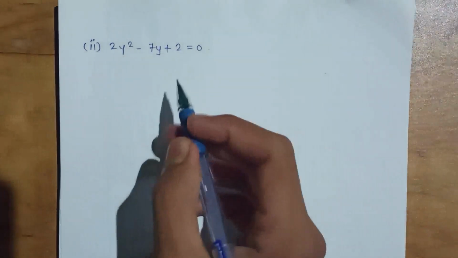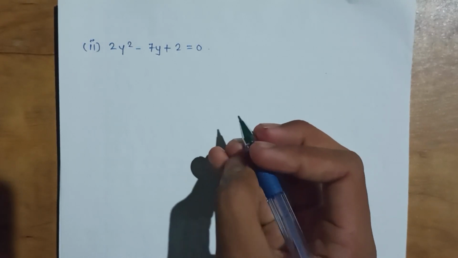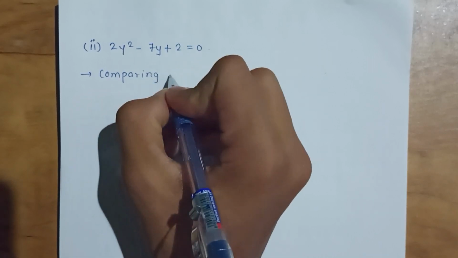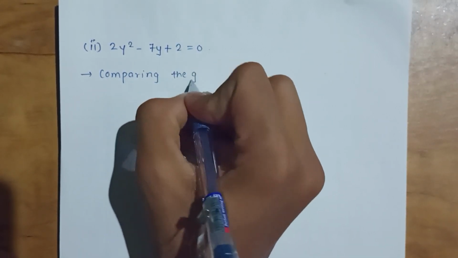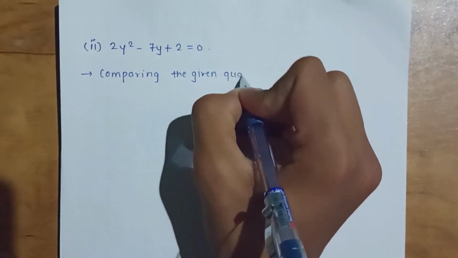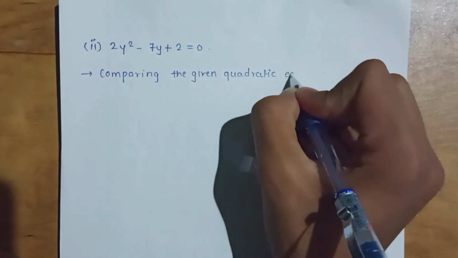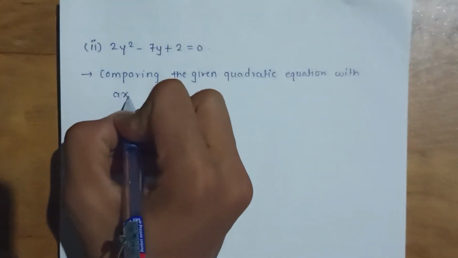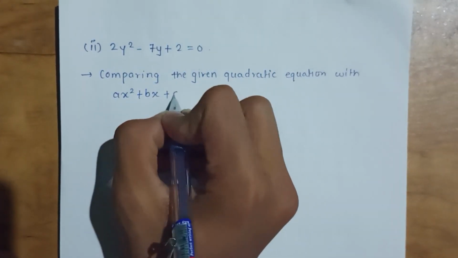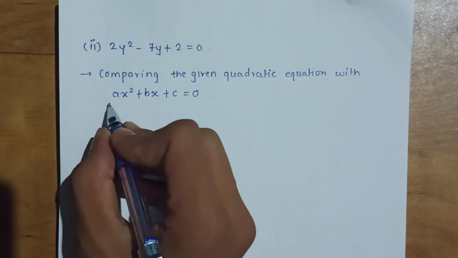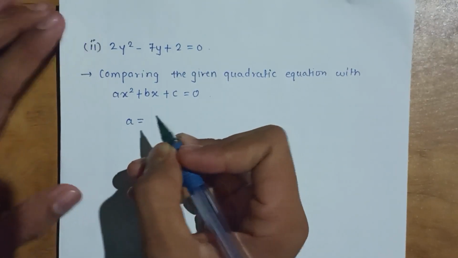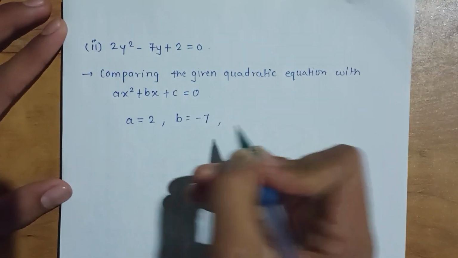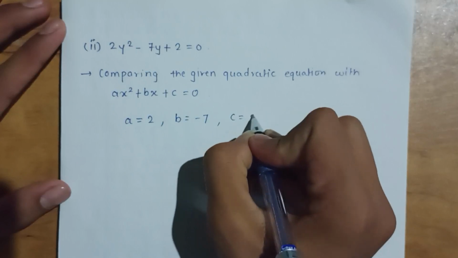We will compare this equation with the standard form of a quadratic equation, ax square plus bx plus c equals 0. Comparing, we get a equals 2, b equals minus 7 and c equals plus 2.